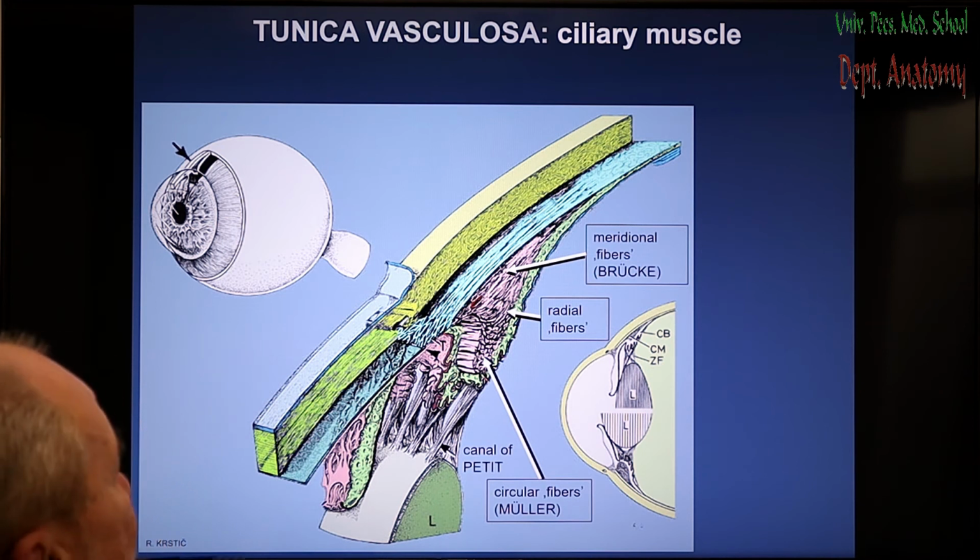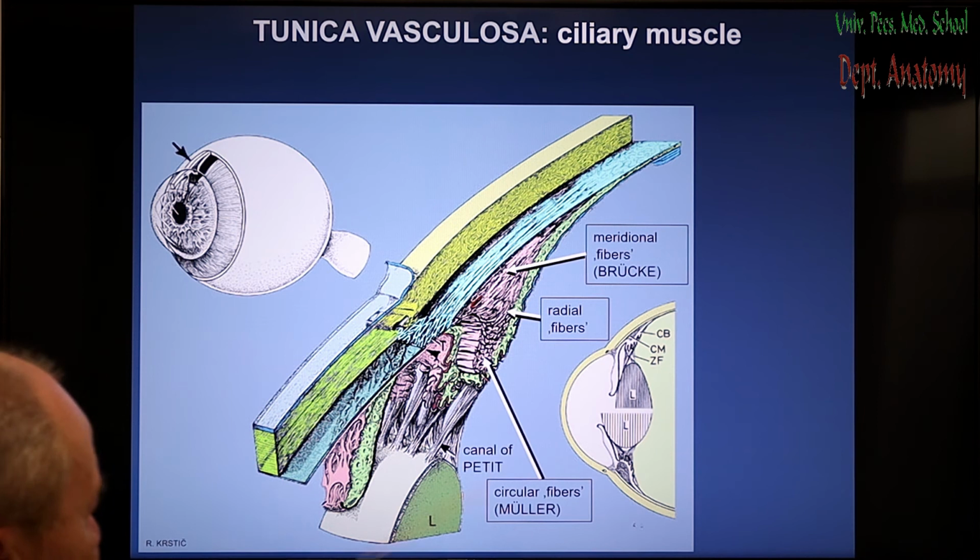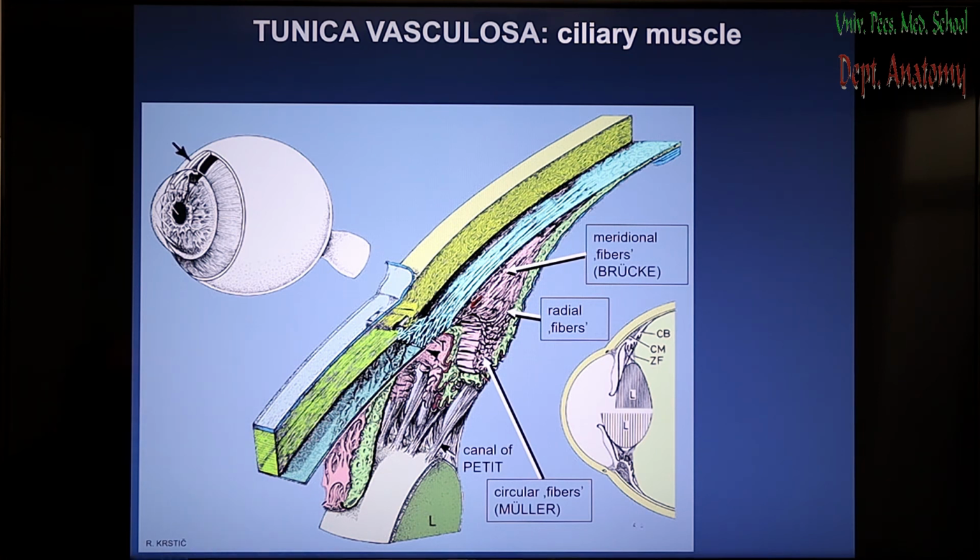These are the eponyms. Here again you can see the circular passage full of aqueous humor around the edge of the lens, and that is the canal of Petit. Now, how can these muscles act, and what is their function?